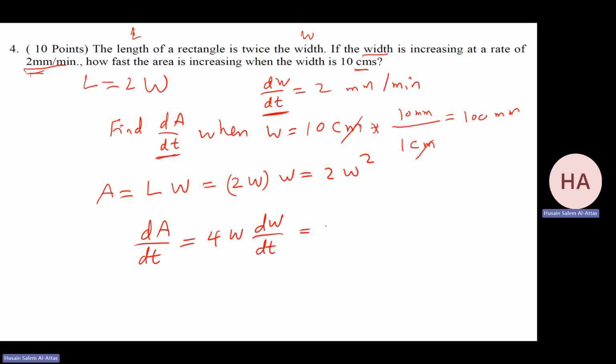And that will be 4, what is W? It's 10, and dW is 2. No, wait a minute, it's not 10. I need to change it into units. So it's 4 times 100 times 2, and that will give me 800 millimeters squared per minute. Yes, it's per minute.